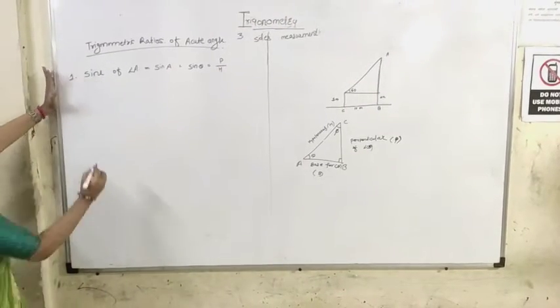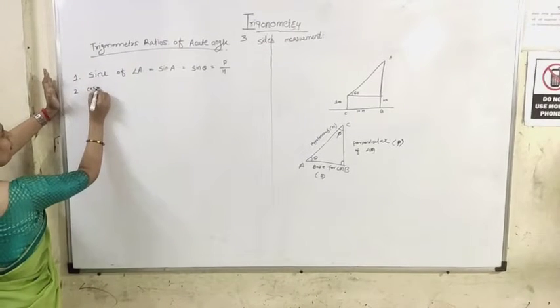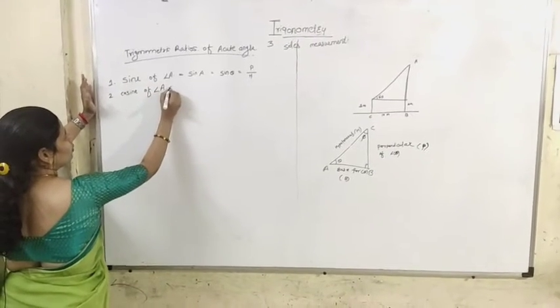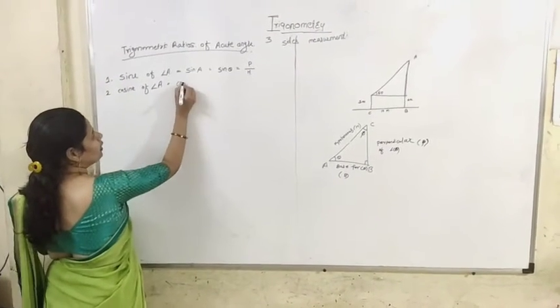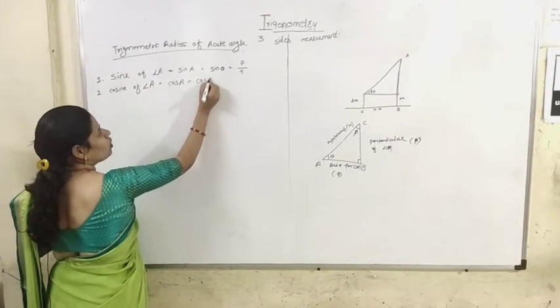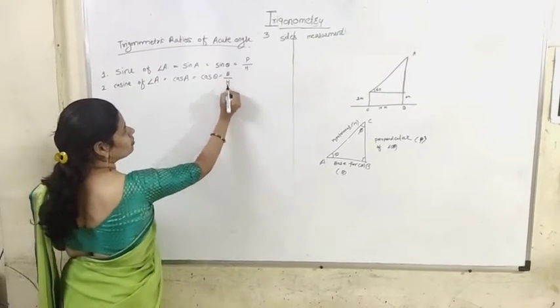Now, the second trigonometric ratio is cosine of angle A. Shortly we can write it as cos A, which is equal to cos theta, and cos theta is always base upon hypotenuse.